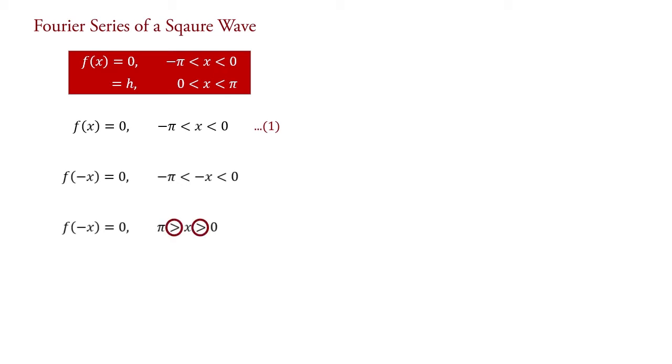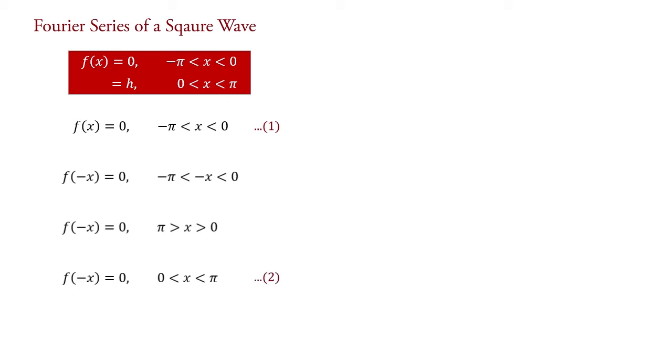Here we invert the sign of inequality and that of pi and x. When the less than sign is replaced by the greater than sign, then the signs of all the quantities are changed, that is, negative to positive and positive to negative. Therefore, f of minus x equal to 0 for 0 less than x less than pi.